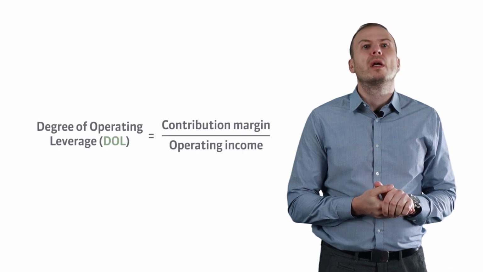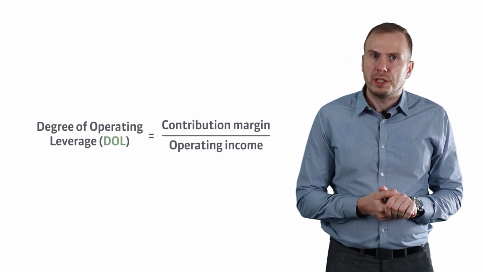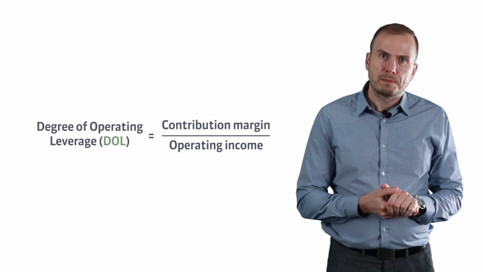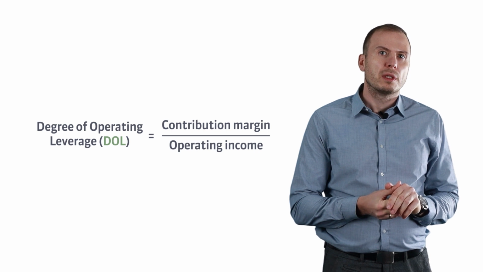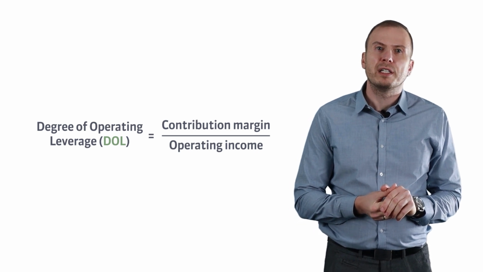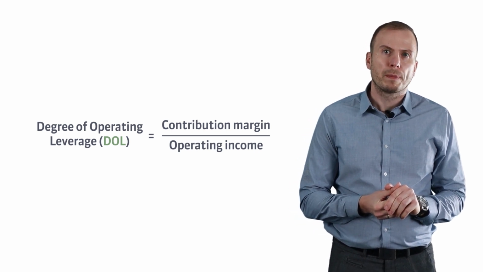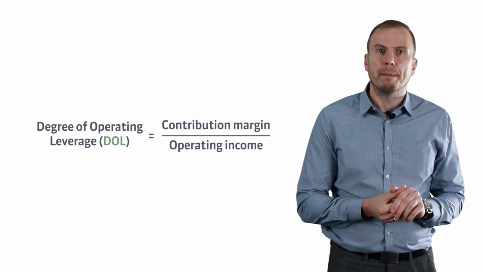Since we compare a high and a low operating leverage, there must be some way to measure it, and there is. We measure it in degrees. The degree of operating leverage is computed by dividing contribution margin by operating income.